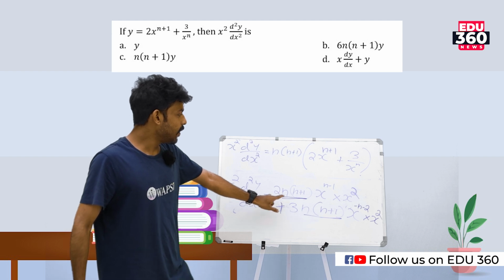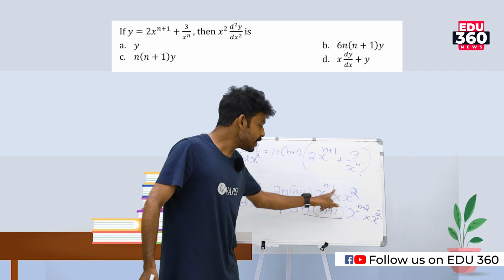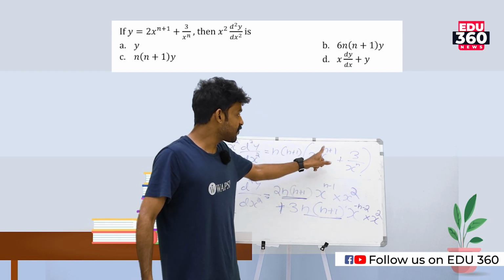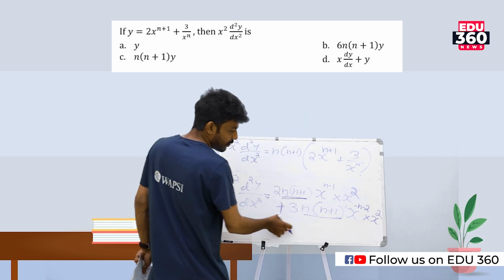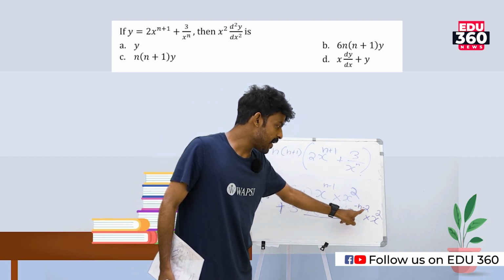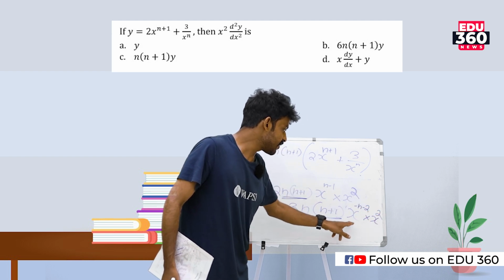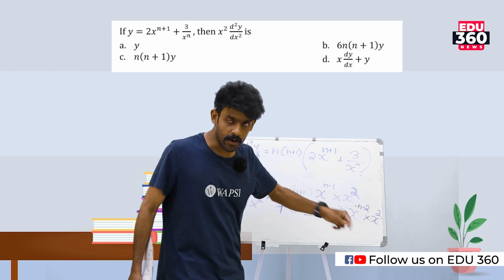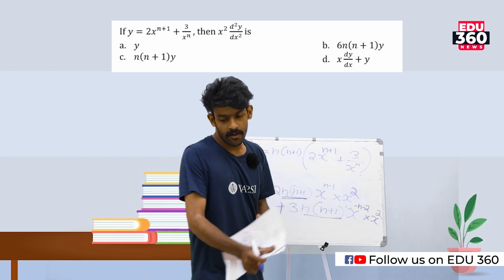Here 2x raised to n minus 1 into x square, so minus 1 plus 2 is plus 1, and we get x raised to n plus 1. From the other term, x raised to minus n minus 2 into x raised to 2, minus 2 plus 2 cancel, so the next is x raised to minus n. We can write x raised to minus n as 1 by x raised to n, so from this we get 3 by x raised to n. So this is the next step.